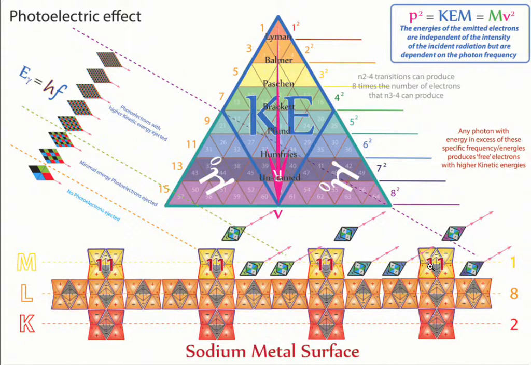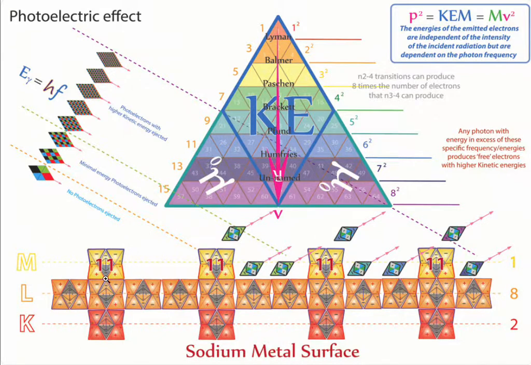They will ionize rapidly, but with the appropriate frequency and energy, again wavelength, they're all related, to transition from N2 to N4 or more, we will have far more electrons ionized, because there are 8 N2 electrons for every N3, and there are 4 N2 electrons for every N1 electron.